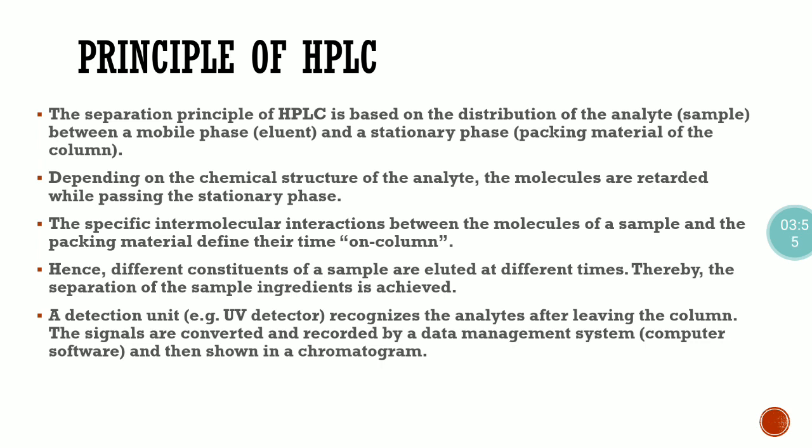The specific intermolecular interaction between the molecules of a sample and the packing material define their retention time in the column. Hence, different constituents of a sample are eluted at different times. Thereby, the separation of the sample ingredients is achieved.